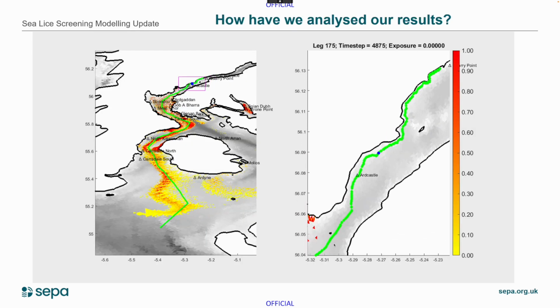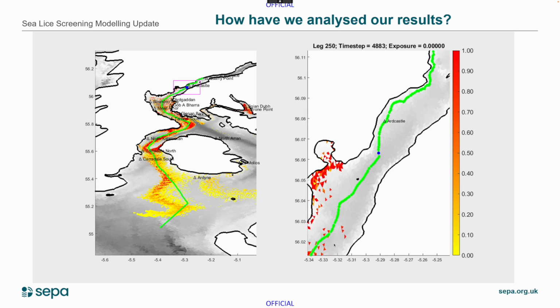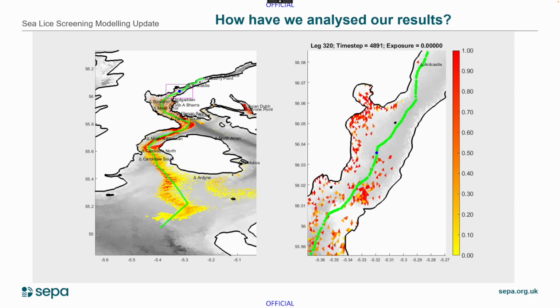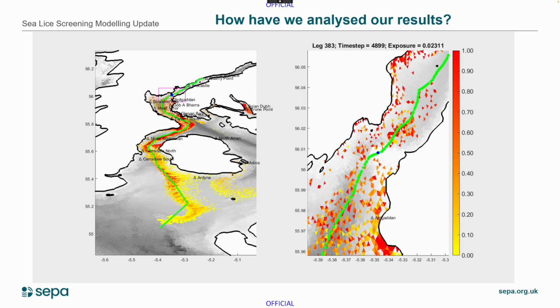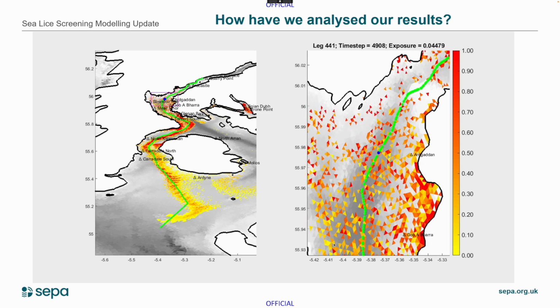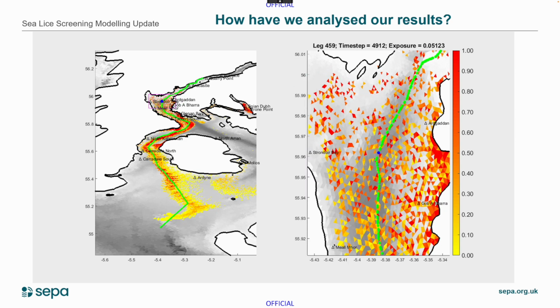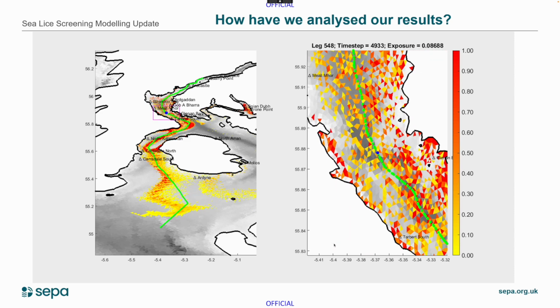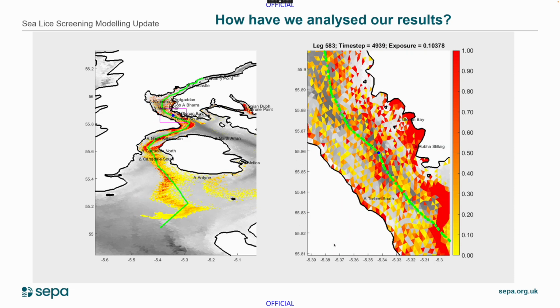This animation shows some output from one of the models, the Firth of Clyde model. On the left, the thing to focus on is the red and yellow particles that are moving around in response to wind and tide and freshwater flow.